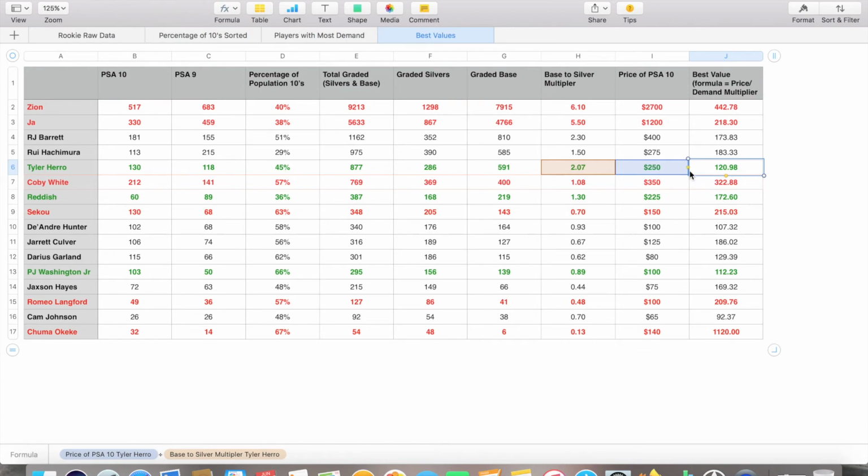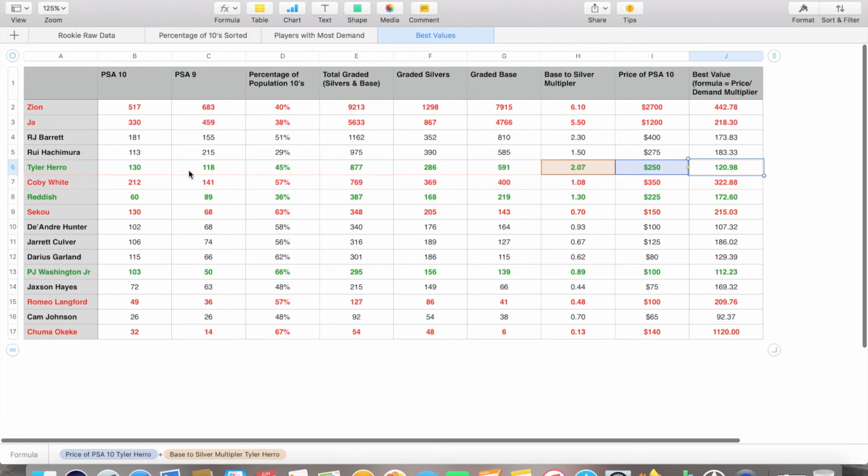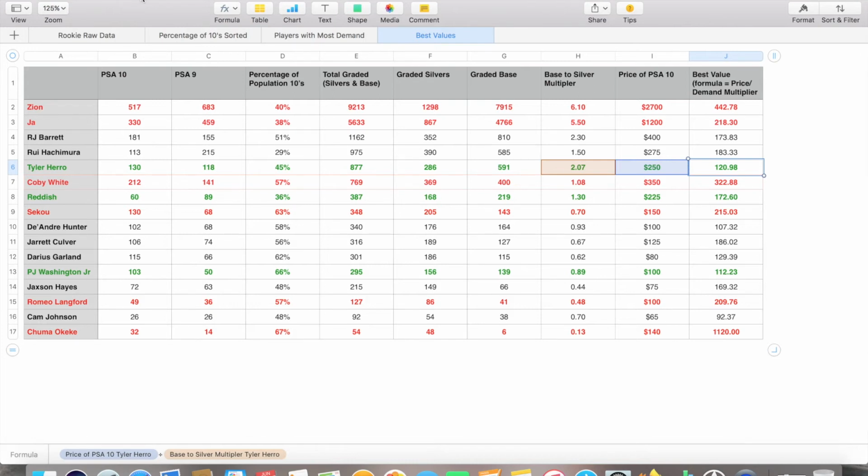So that 250 price, to me, I still think it's going to come way down because there's just not a lot of PSA graded cards out there for him to where I expect them to be in a couple months. But what it's telling me right now is that, no matter what happens to his price, as his price comes down, his multiplier just gets cheaper and cheaper. So that 120, if you think he's a better prospect than Darius Garland or DeAndre Hunter, that makes him a better buy in the current market environment than some of these other players.